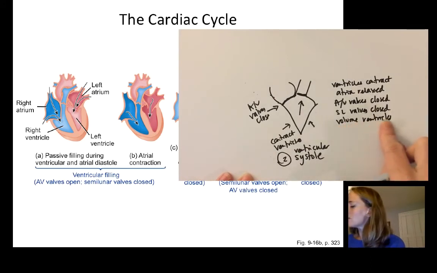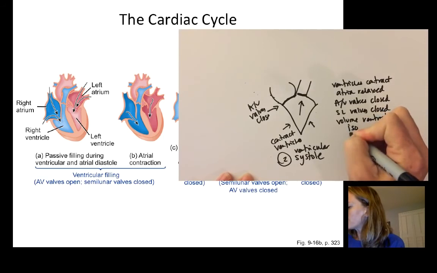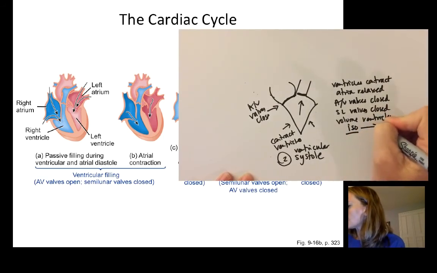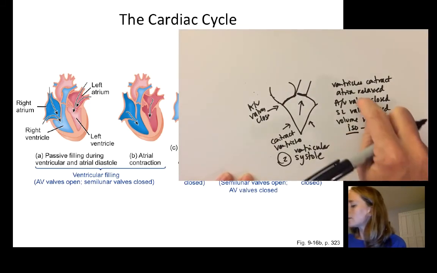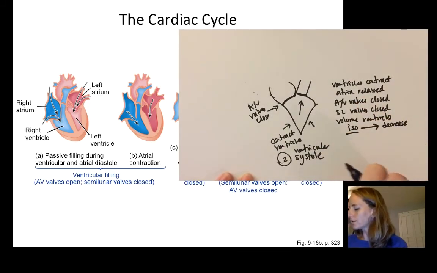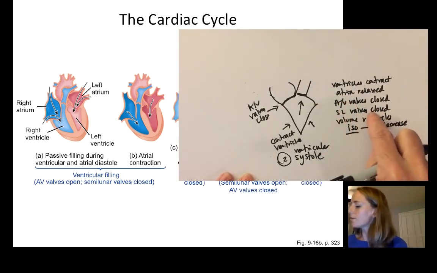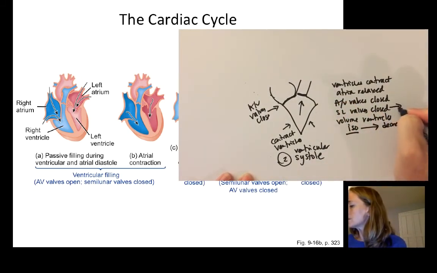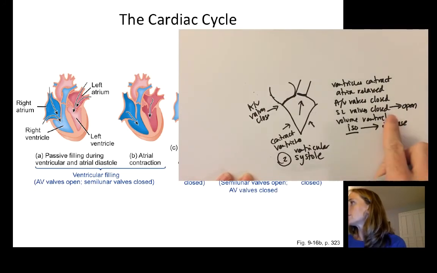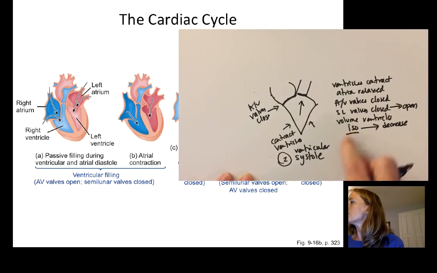It's going to start out iso, and then it's going to decrease. Why does it start out iso? Because both valves are closed. You have to build up enough pressure for the semilunar valves to go from closed to open. So the volume of the ventricles when both valves are closed is isovolumetric.